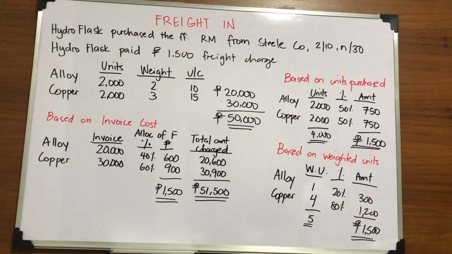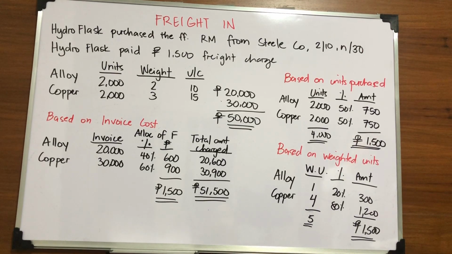So again, to get the total amount charged, you add again. For alloy, it would be 20,300. While for copper, it would be 31,200. Add the two, you would get 51,500. Okay, so in this concept, you only want to know how much freight should be recognized by each type of material.